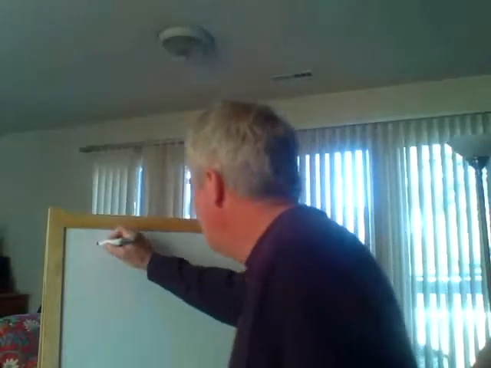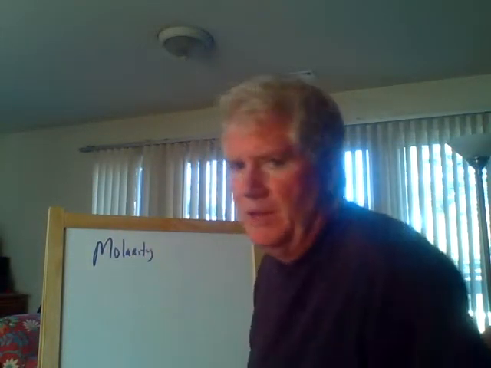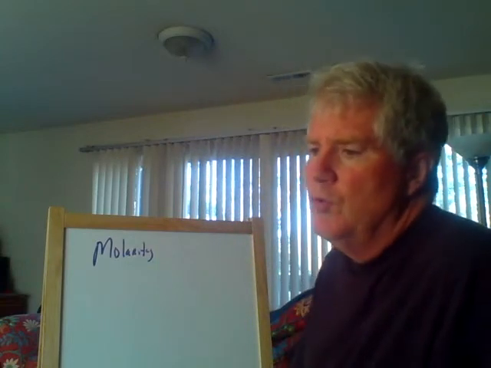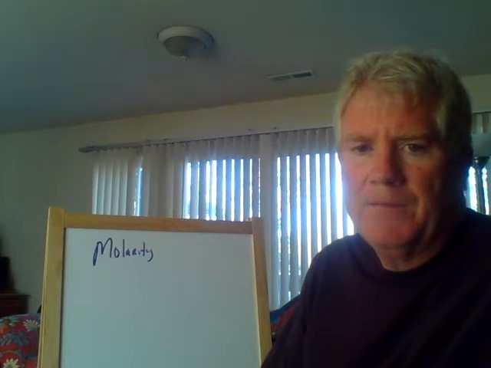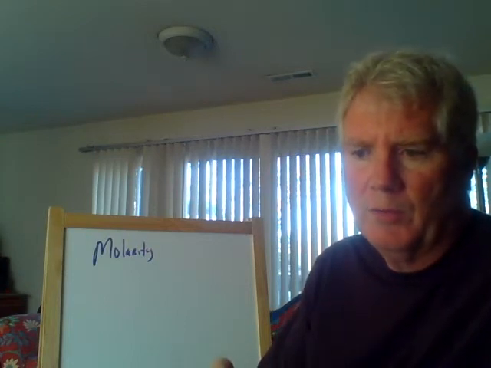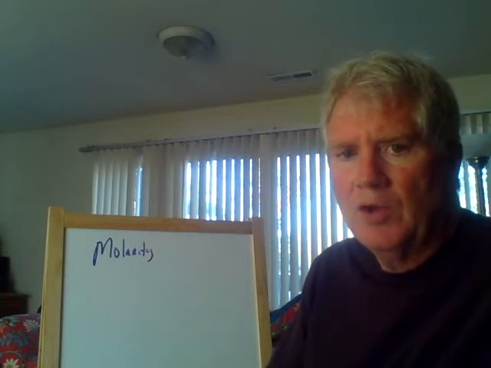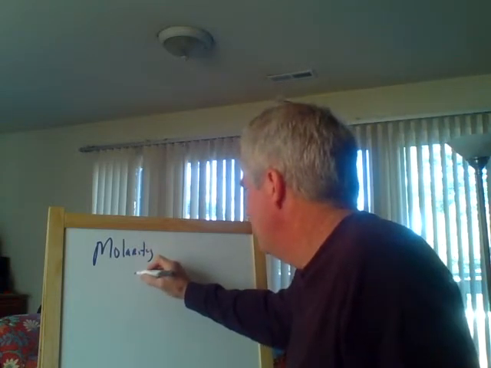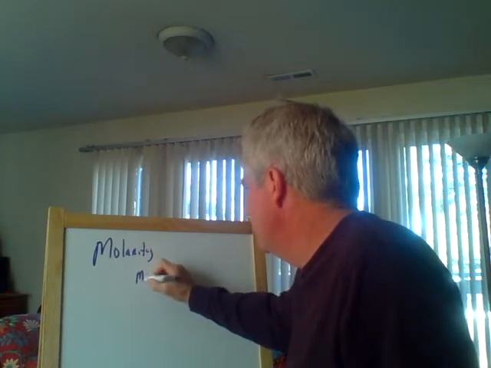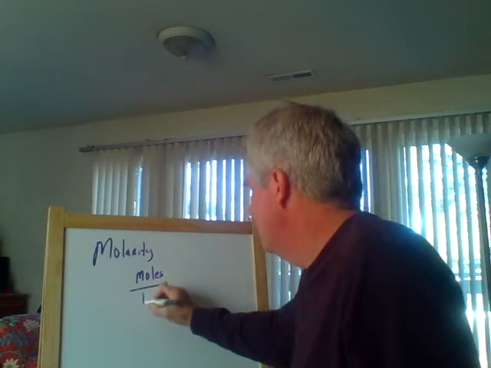Okay, molarity. The term molarity refers to a concentration term, meaning it reflects how much of something is dissolved in solution, and the units of measurement of molarity are typically moles per liter.